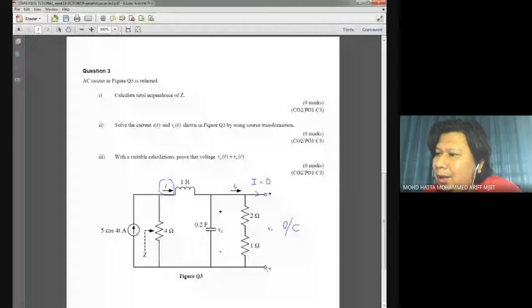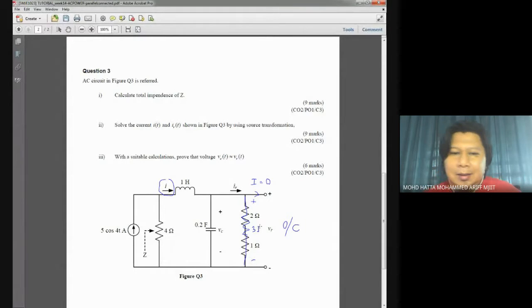See here, VR is basically the voltage across this and this element, the total voltage over here. If you look at the question itself, I can also write it like this: only one resistor with the value of 3 ohms.